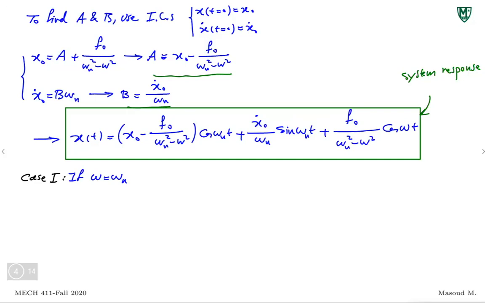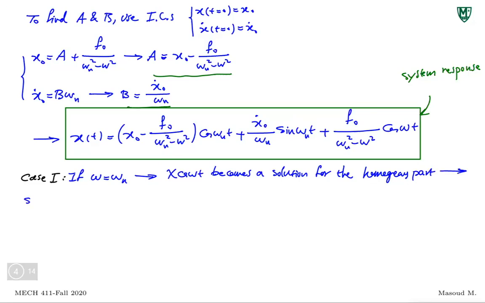Let me put it this way: x cosine omega t becomes a solution for the homogeneous part.